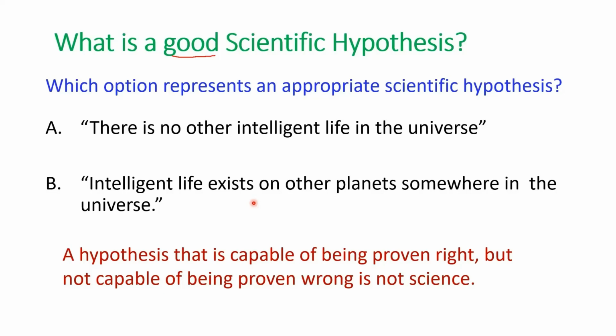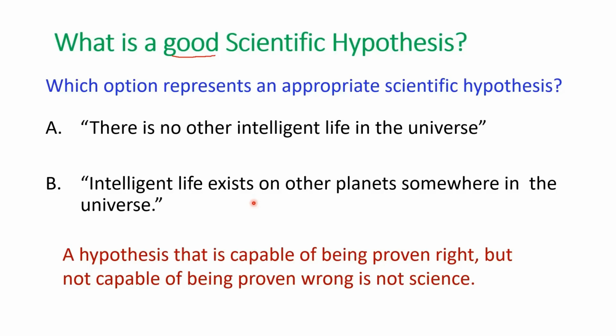So in 1,000 years, we wouldn't make a scratch in terms of exploring the total volume of space. The only way you could prove this wrong is if you have absolutely covered every square inch of the universe and you've absolutely not found any life. That's not going to happen. It's just not. And so there's really no way to ever prove this one wrong. So that's why B is actually not a good scientific hypothesis.